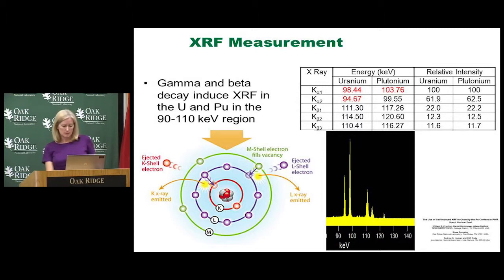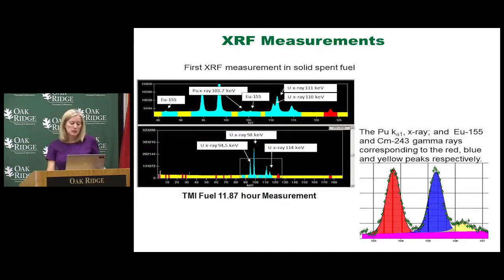But we have a nice flat background, and if we take a long enough measurement, we can get a good calculation of the number of counts under the peak. So we can take the ratio of those two peaks and determine the plutonium to uranium ratio in the fuel, which is, again, another piece of the puzzle that we use to determine how much fissile content and how much plutonium is actually in the fuel.